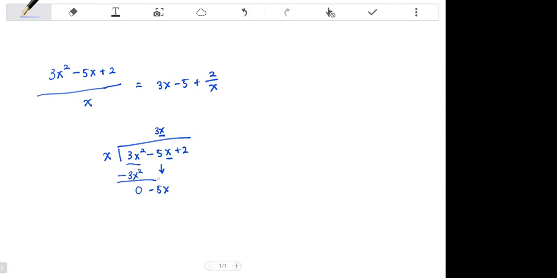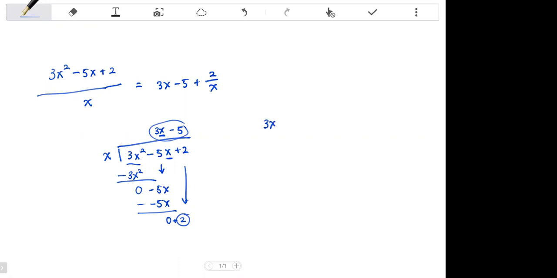How many times does x go into negative 5x? Negative 5 times. We multiply again, and we subtract, leaving 0. Take down 2. How many times does x go into 2? That's impossible, so 2 is our remainder. That's our answer, and this is our remainder. So how do we write our answer?